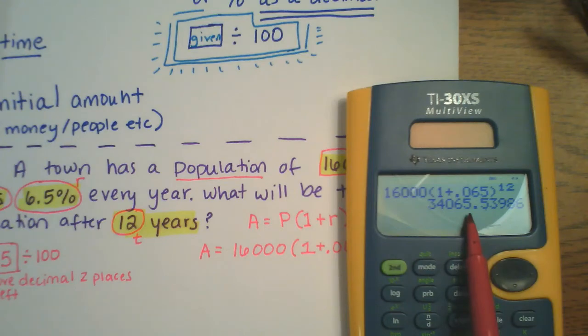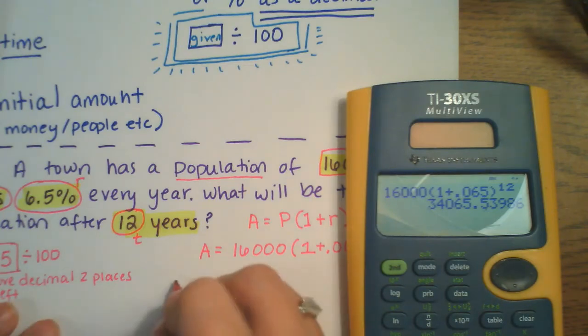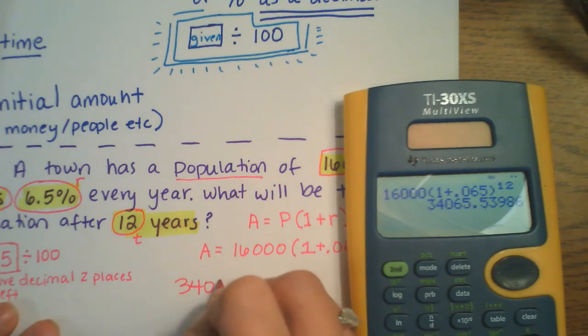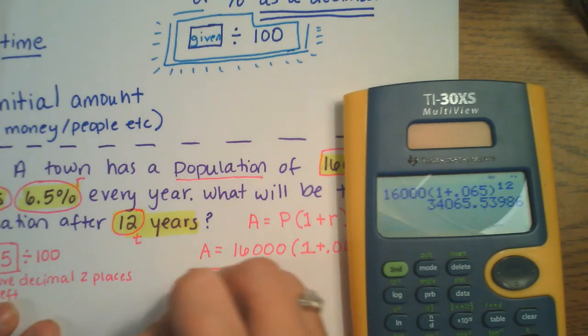So are we going to round this 5 up to a 6? Right. We're going to round it up to a 6. So we'll determine that the population after 12 years is 34066.